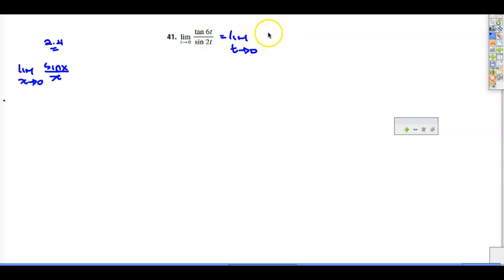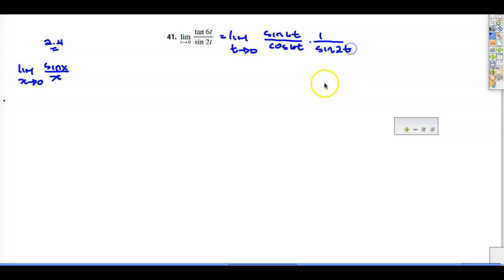Tangent of 6t, we just said, is sine of 6t all over a cosine of 6t. And this is times 1 all over a sine of 2t.